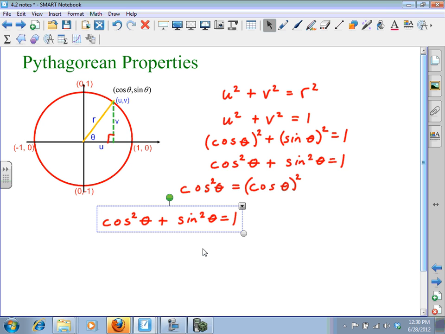All right, there are two more that you need to know, and actually there's several versions of each one even. Like, for example, I can algebraically transform this into 1 minus cosine squared.